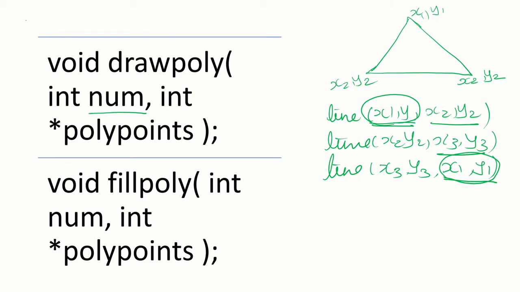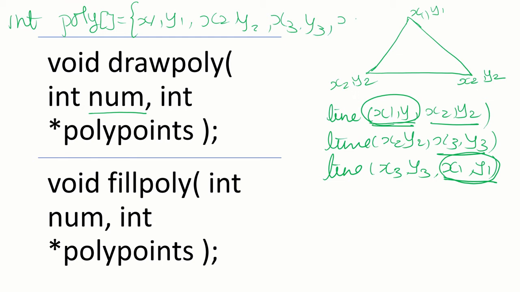So I can just create an integer array. You can just store it directly, and that is equal to, I can just store the values x1 y1, x2 y2, x3 y3, once again x1 y1. So how many points are there? 1, 2, 3, 4. So here I can pass it as 4, and I have to pass this array as an argument.